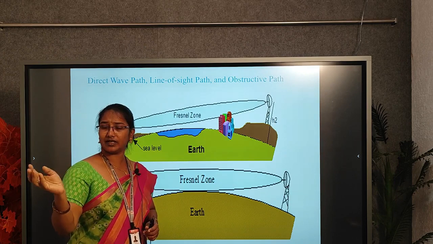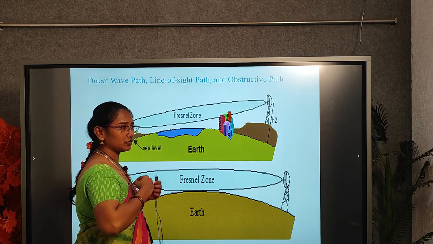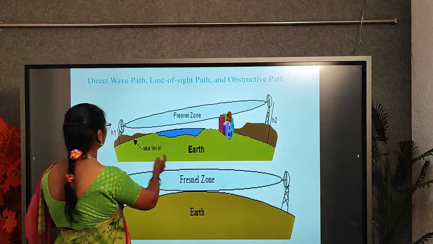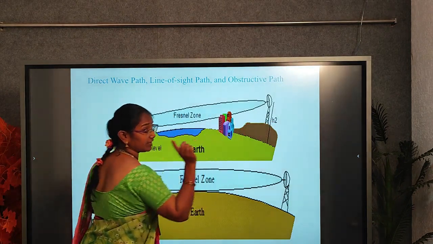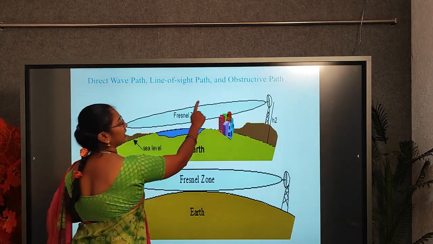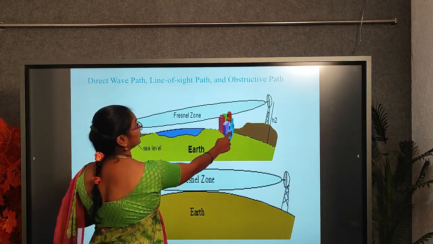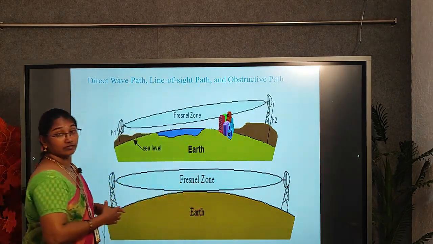For two antennas, line of sight should be there, between the transmitting antenna and the receiving antenna, right? See here, H1 and H2 are two antennas with different heights, but line of sight is there, though some obstacles are there. Here, line of sight is full.